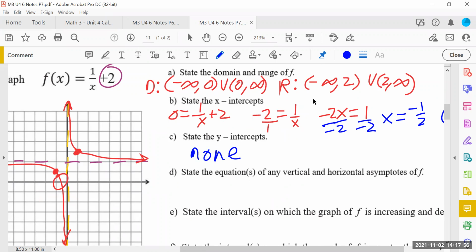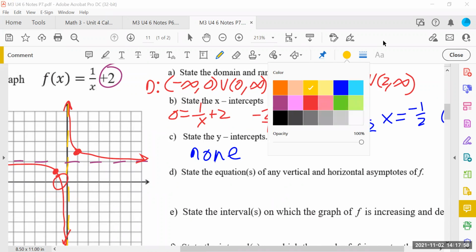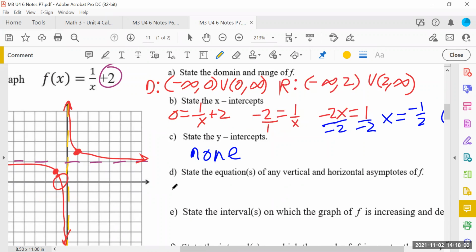We have a vertical asymptote at x equals 0. Whereas the horizontal asymptote would be at y equals 2.